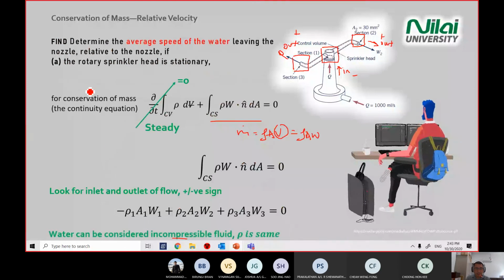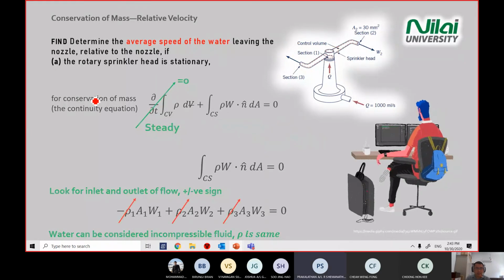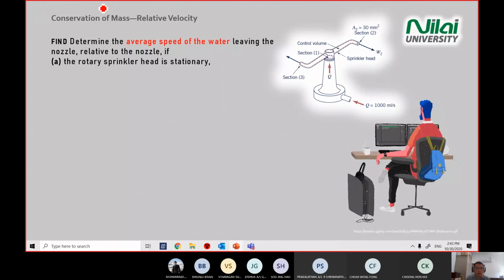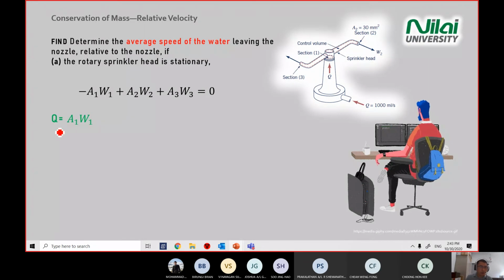Do I answer your question just now on your density? Okay, good. All right, we continue with the steps. I think you understand why we have a negative AW section 1 plus AW section 2 plus AW section 3. We know that AV is your Q, the volume flow rate.